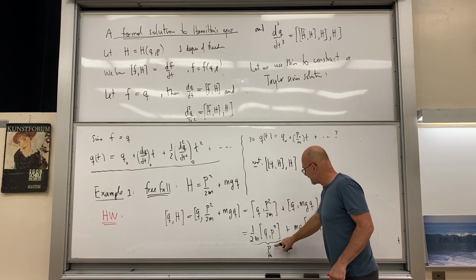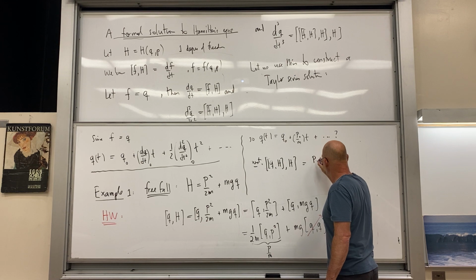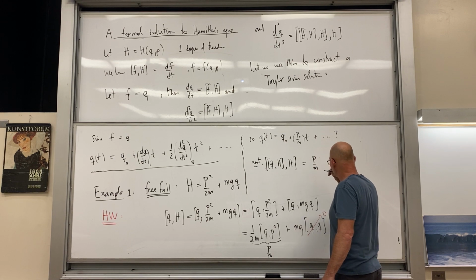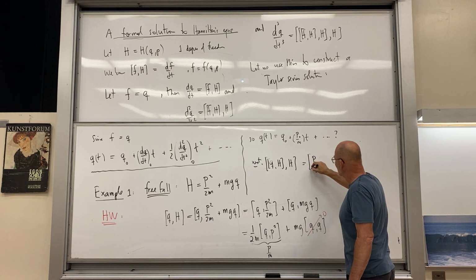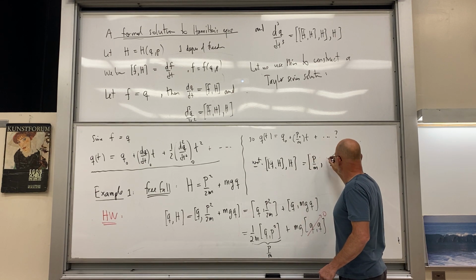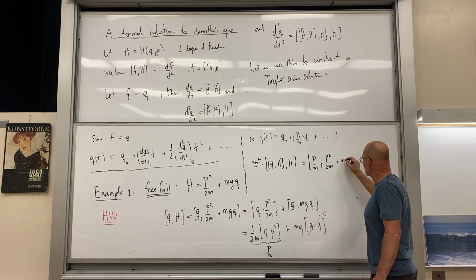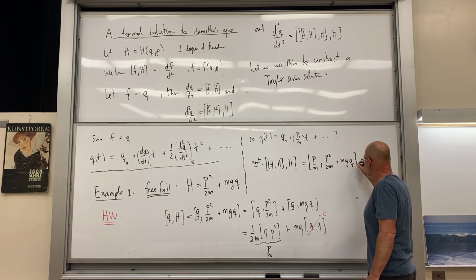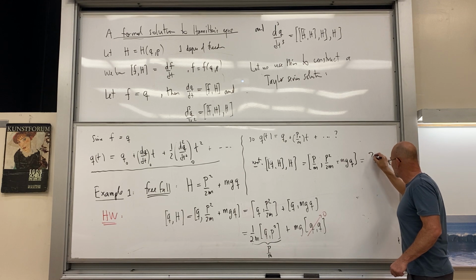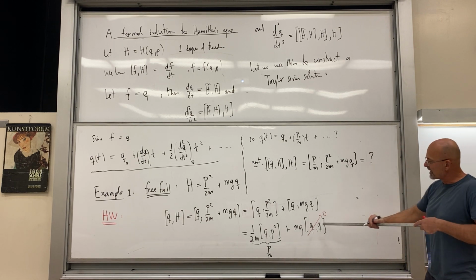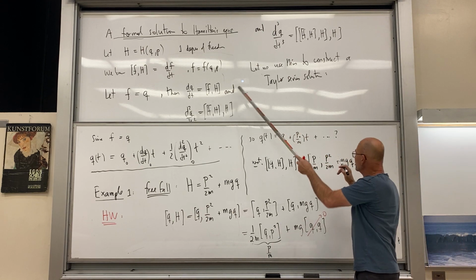This was P over M. Okay, so we're going to have the Poisson bracket of P over M with H, and then the H is P squared over 2M plus MGQ. So you see how that goes. Like I said, you can do the definition, or you can look to some of your fundamental relations here.